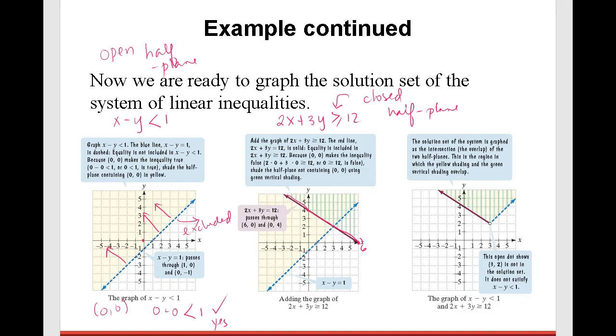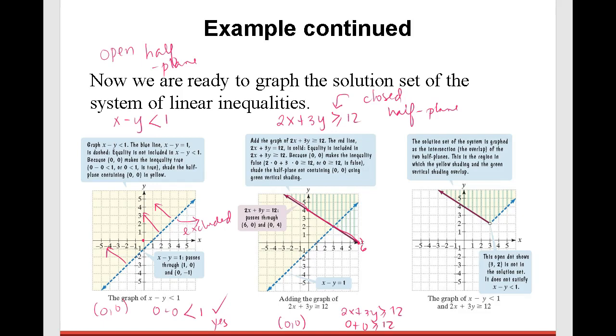Now you get your test point. 0, 0 is again a good test point. So you go 2 times 0 plus 3 times 0, is that greater than or equal to 12?